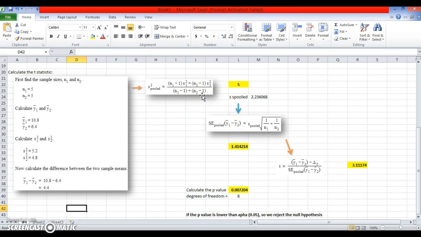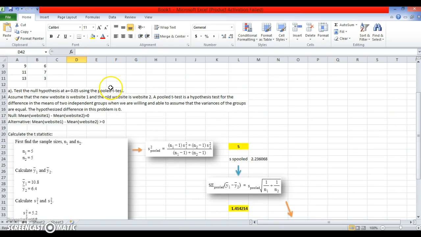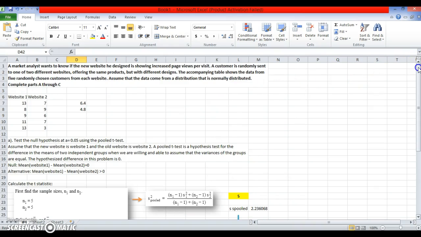There's a series of steps in solving this, so it's not as quick as you would think. Basically, remember, both of our N's are 5. So it's 5 minus 1 times the variance of 1. When I'm saying 1, I mean the first sample up here, all the way up here. This is 1, website 2.